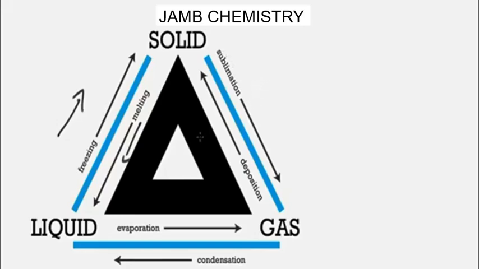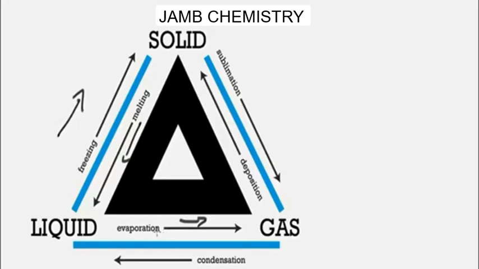Now let's look at this other side of it. When matter changes from liquid to gas and from gas to liquid, what are they called respectively? When matter changes from liquid to gas, that is this arrow, it is known as evaporation. For instance, when you are boiling something at a very high temperature, you will begin to see vapors going out into the air.